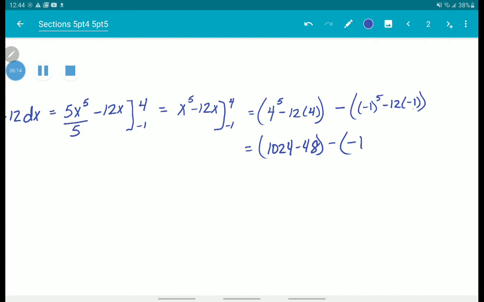Negative 12 times a negative 1 is a positive 12. So I have 1024 minus 48, which is 976, minus 11, which is 965.